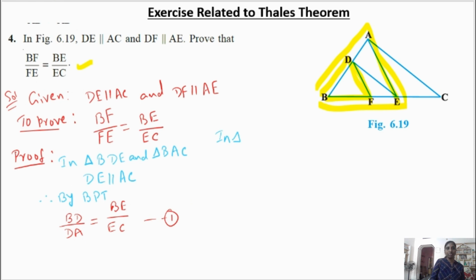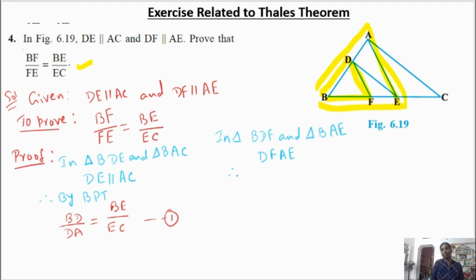So in triangle BDF and triangle BAE, it is given DF is parallel to AE.